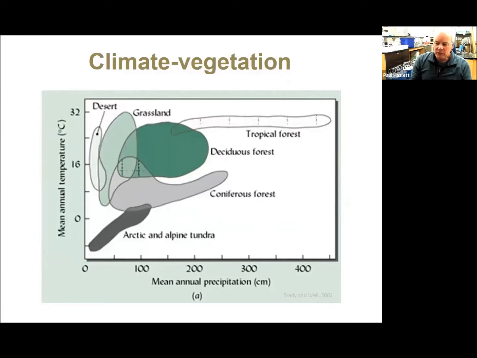So the importance of this to soils is that depending on this climate, you get different vegetation types, and these different vegetation types provide different types and amounts of organic matter to the soil surface. So, in a simple example, if we took a grassland soil, when the grasses die and fall over, they're inputting different grass organic matter into the soil.